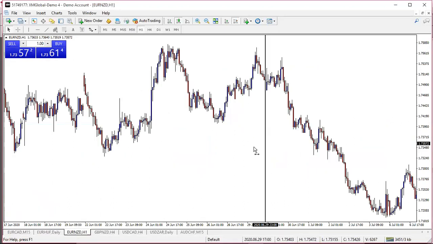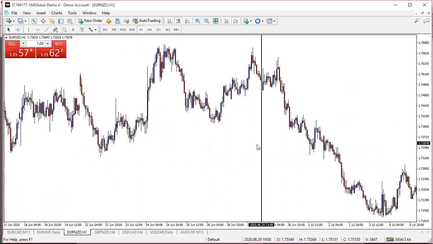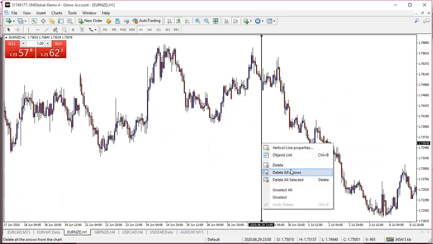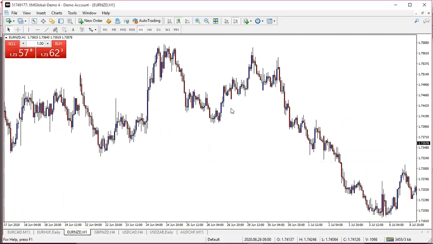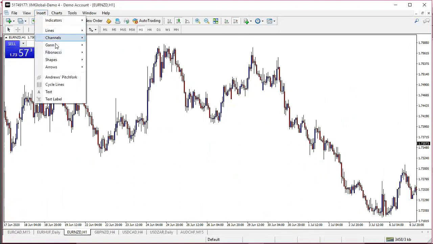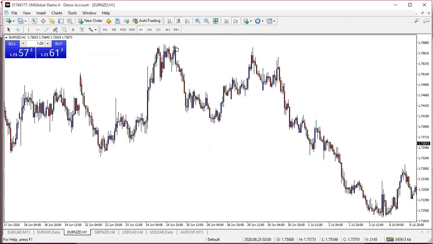We have an example here of a good double top formed when the market was bullish on this time frame. So creating these highs and lows, going to react to a previous resistance.